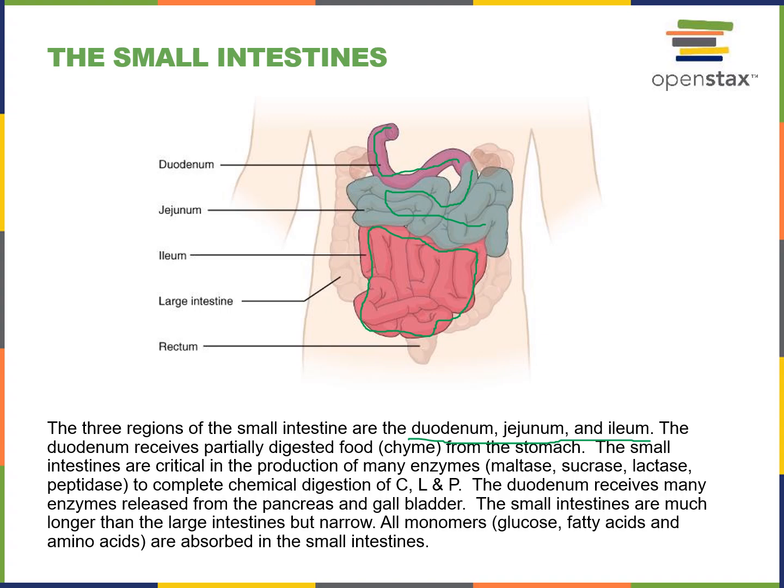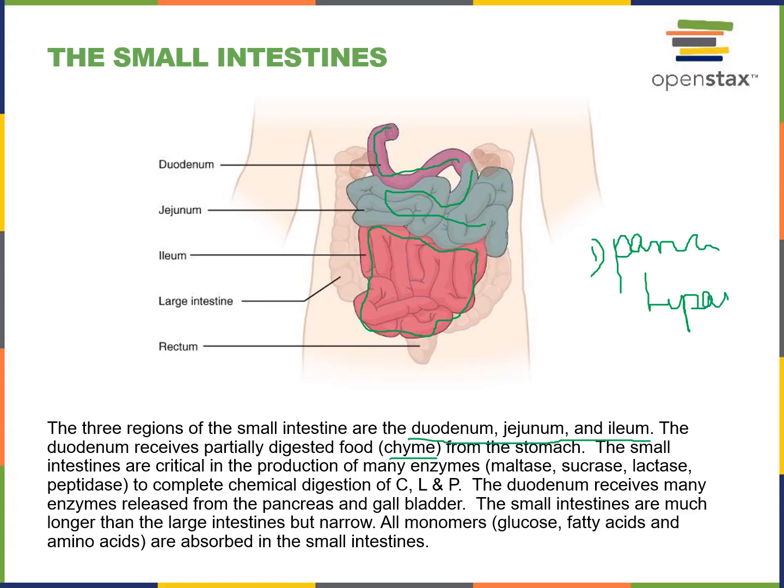So the duodenum receives chyme, which is partially digested food. Remember, at this stage, carbohydrates might have been partially digested, proteins might have been partially digested, but nothing has happened yet to lipids. Lipids wait until they get to the small intestine, where they're digested by one enzyme you should probably know the name of, called pancreatic lipase.